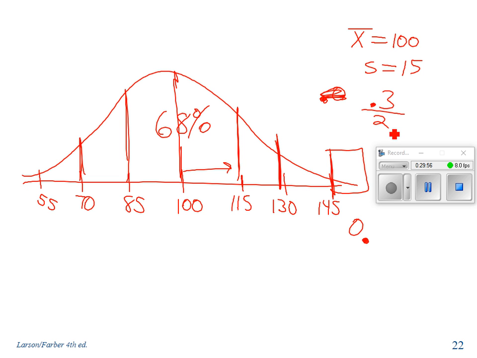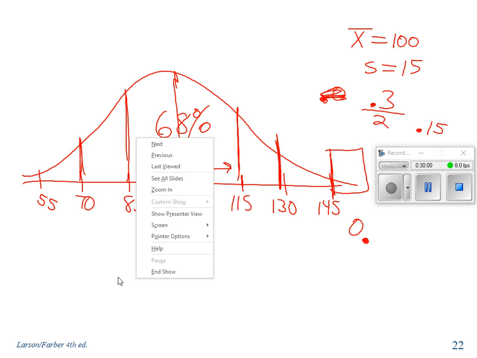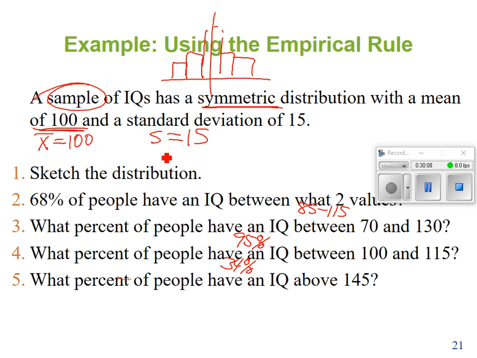Divide by 2, is it 1.5? 0.15. I knew what you meant, but if you write that down, I'm going to know what you wrote down too. So it would be about 0.15%, which we know Dalton, that's the range you would fall in, right? That 0.15.